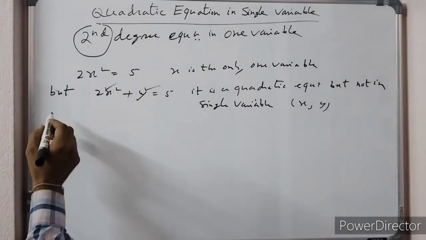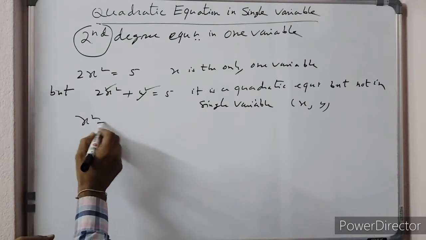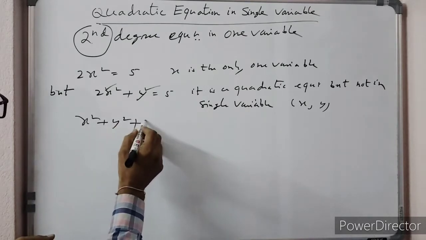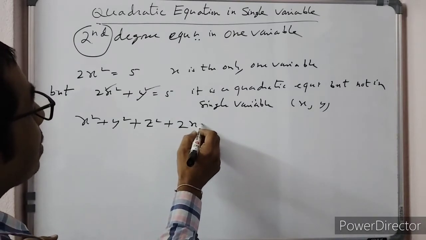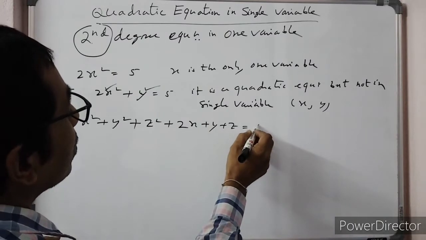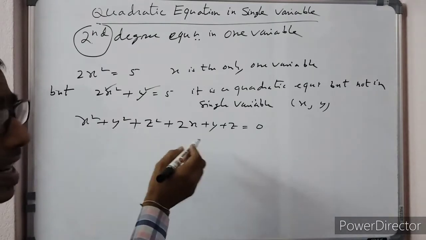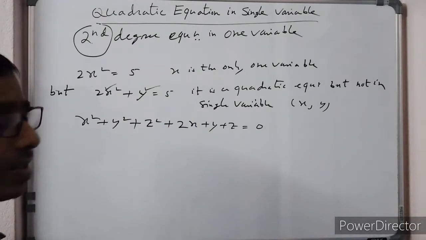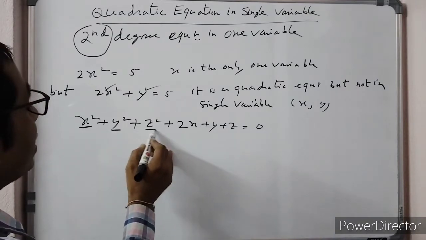Okay, as for example, x square plus y square plus z square plus 2x plus y plus z equal to 0. It is a quadratic equation but not in single variable, because there are three variables, x, y and z.